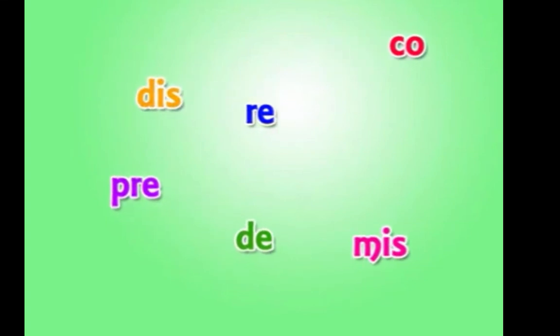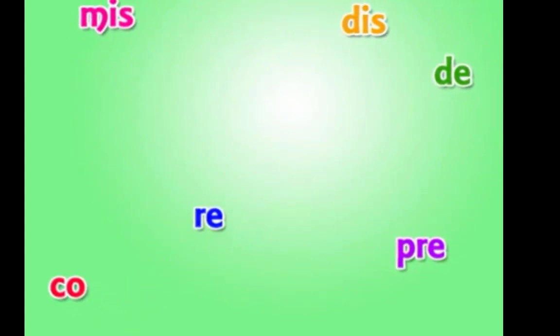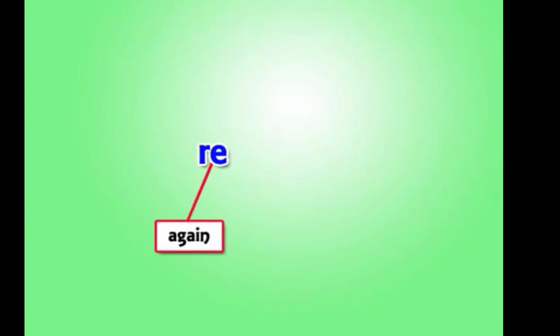Let's look at some other examples of prefixes you might have heard before. And just like un, they all have meanings that, when added to a root word, will change its meaning. There's re. That means again. So if we add it to a root word like play, we get replay, which means to play again. Or to a root word like organize, and we get reorganize, which means to organize again. Pre is another one. Pre means before.